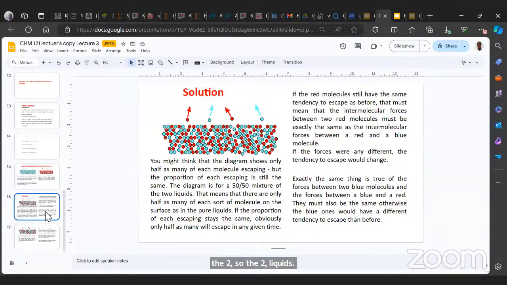Let's imagine you put 50 mils of liquid A and 50 mils of liquid B, and their properties are similar, like it's an ideal mixture where they are very similar in many respects. Then you expect that the vapor would be made up of 50% A, 50% B.